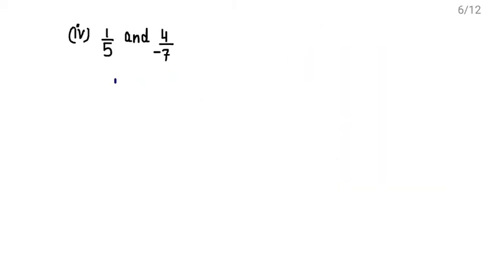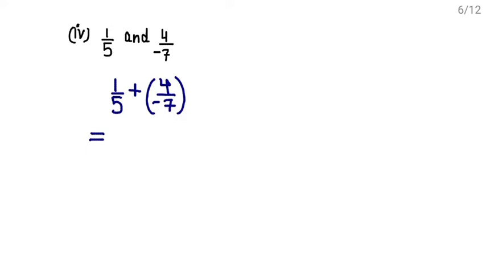Next part is 1 upon 5 plus 4 upon minus 7. Students, if you have observed, some fractions I am enclosing in the bracket and some I am not enclosing. What is the reason behind it? The rational numbers which already have a sign given, I am enclosing those rational numbers in the bracket to avoid mistakes.